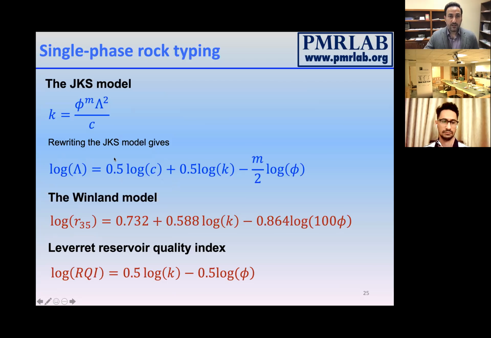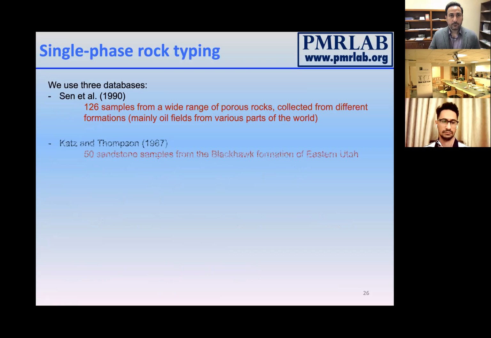By comparing these two equations, you get some theoretical insight about the constant coefficients or empirical numerical prefactors in the Winland model. That was one of the purposes of our study, to indicate that this simple theory can provide some theoretical insight. It also looks like the Leverett reservoir quality index.